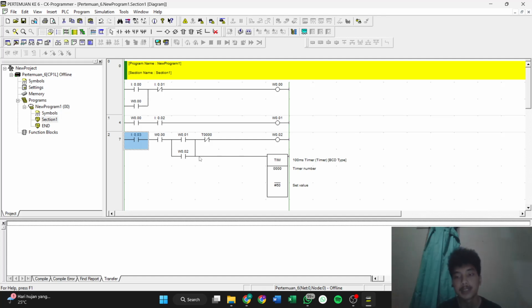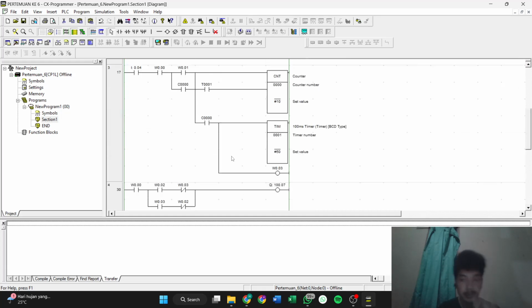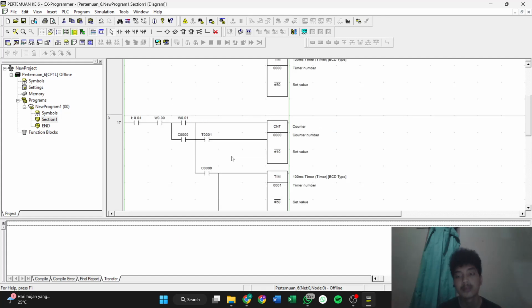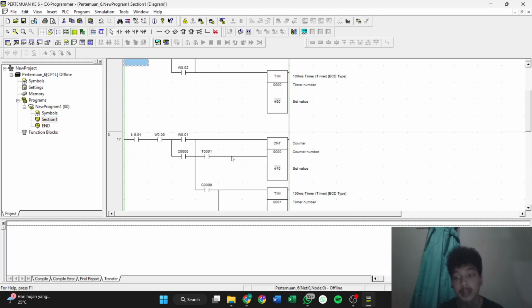If the sensor is off, the solenoid is deactivated and the piston returns. Ladder logic is easy to read because it visually resembles electrical switch and alarm circuits.